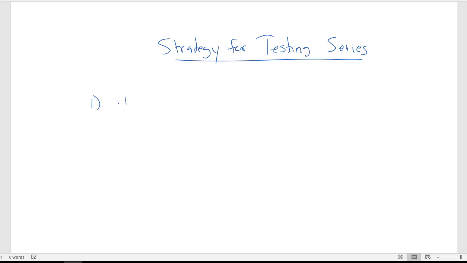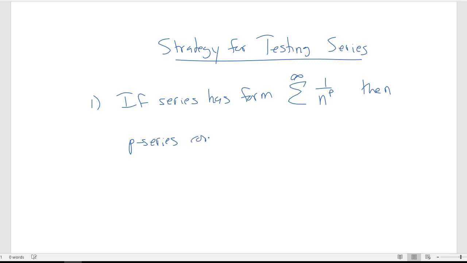So if the series has the form the sum of 1 over n to the p, then this is a p-series, and the p-series converges for p greater than 1 and diverges for p less than or equal to 1.